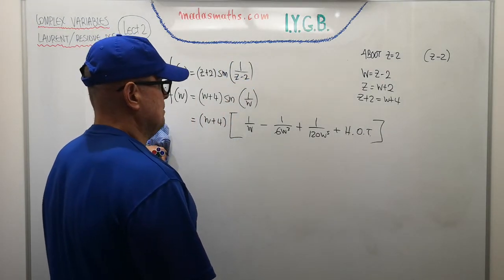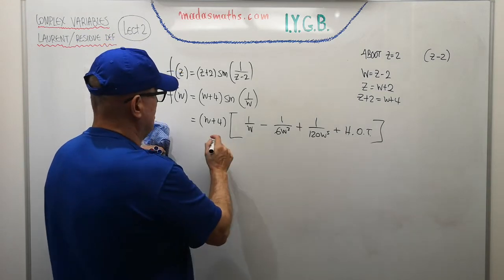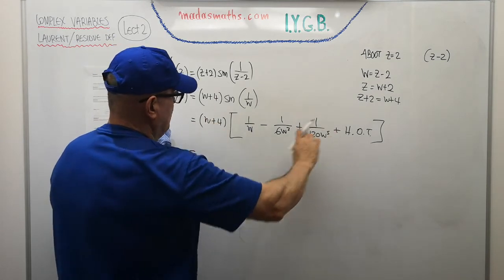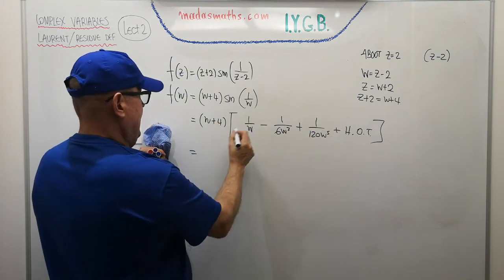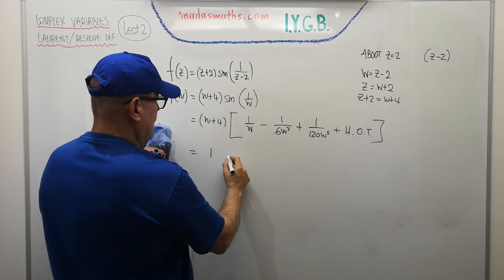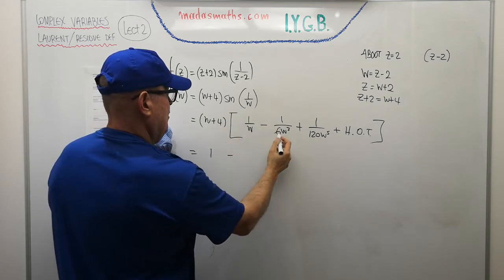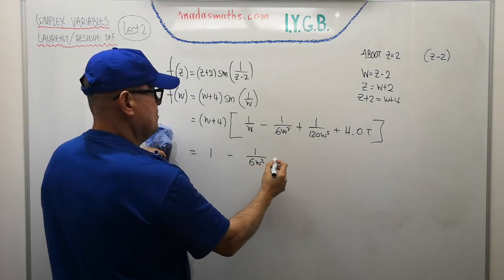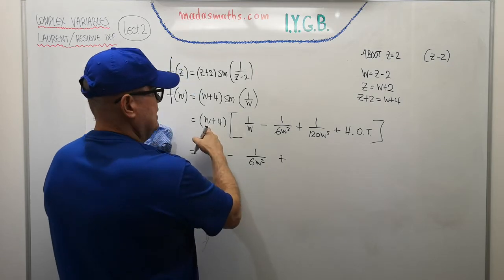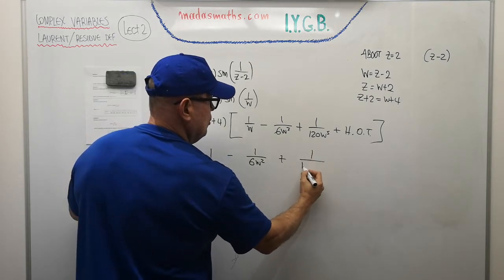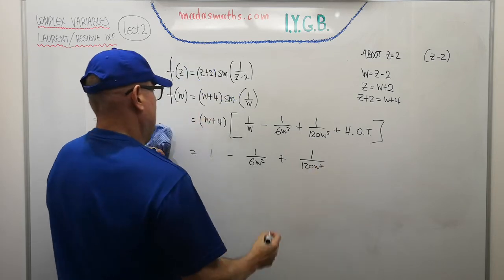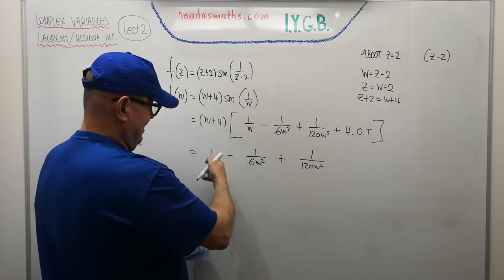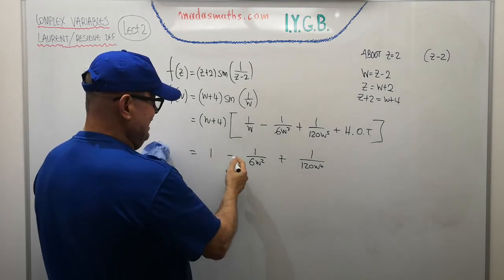I just need to multiply it, so I'm going to do it in two lines, in some kind of grid. It's W times all of this, so that's going to be a 1, W times 1 over W, minus W times this, 1 over 6, it will reduce it to W squared at the bottom. Then plus W times that, it will reduce the power at the bottom to W to the 4. And then I go 4 times that, 4 times that, 4 times that. Unfortunately, I'm not getting the same powers, and I didn't leave space in between.